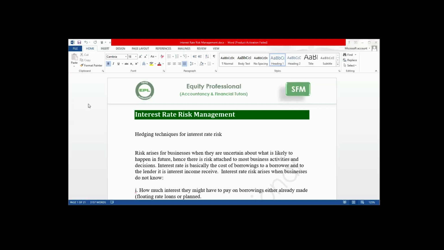If a company chooses to borrow money, if a company decides to borrow money to finance its business, there's element of risk associated with that decision.